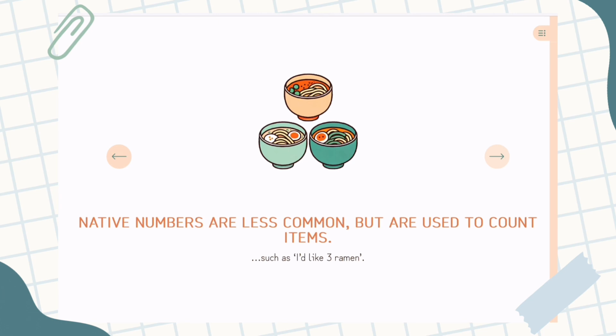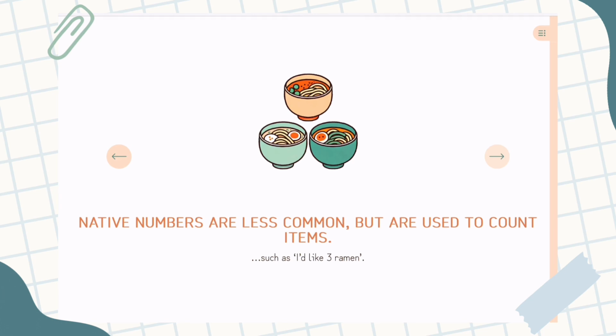You might hear hito, futa, etc. for the native numbers. When we learn the first counter that uses them, we are going to learn it as if it is a new set of numbers, because it will make your life so much easier.